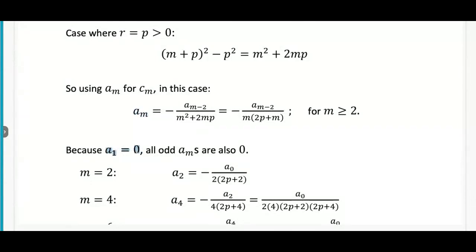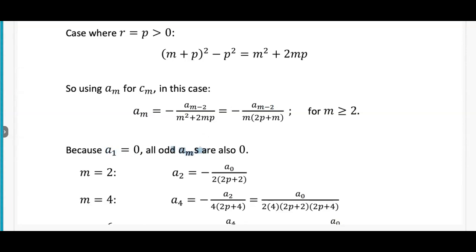Because A1 is 0, all the odd terms are 0, since the terms are either all odd or all even and the odd terms depend on A1.